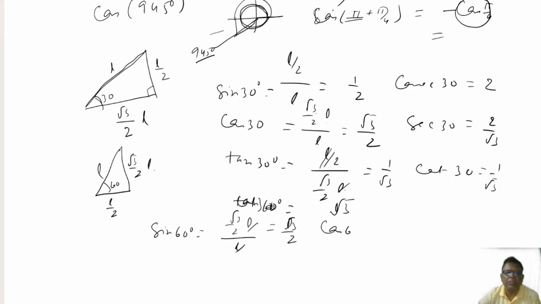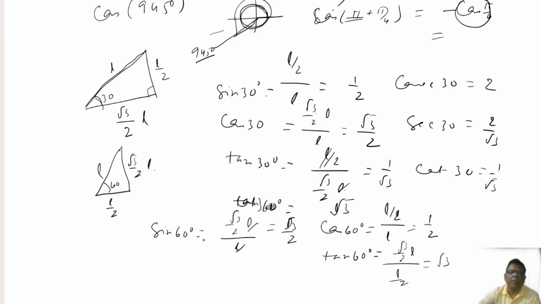Cos 60 degree is equal to L by 2 divided by L, which is half. Tan 60 degree is equal to root 3 by 2 L divided by L by 2, that means root 3.